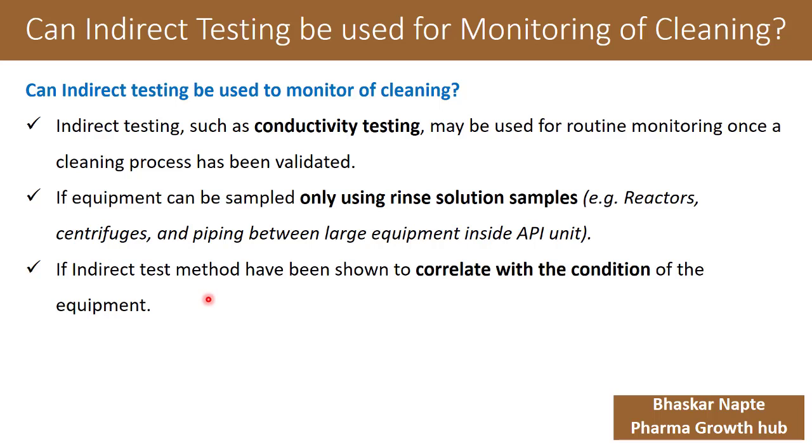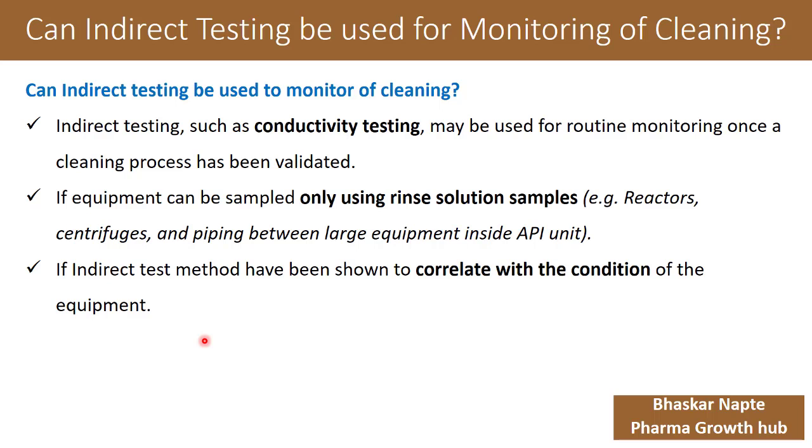Third point, if indirect test method have been shown to correlate with the condition of the equipment. Now this point is very, very important. Unless and until you prove there is a correlation between the condition of the equipment, you cannot use the indirect testing method. Now what is meant by correlation? The correlation is, if you say that now look here, I clean the equipment which met the specification and I quantified the result based on my direct method, direct testing like HPLC.